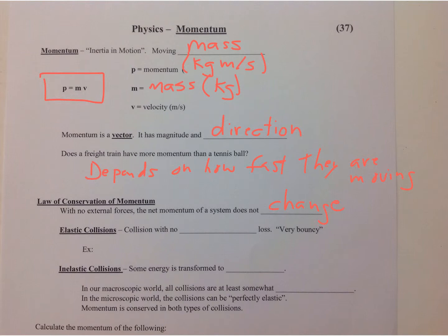Now, there are two types of collisions that we're going to be dealing with to apply the law of conservation of momentum, plus explosions. We'll talk about that in a minute. An elastic collision is defined as a collision with no energy loss.